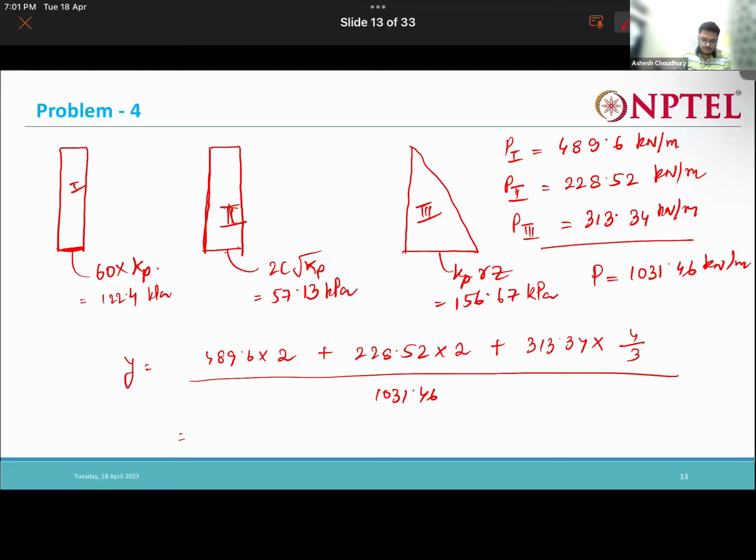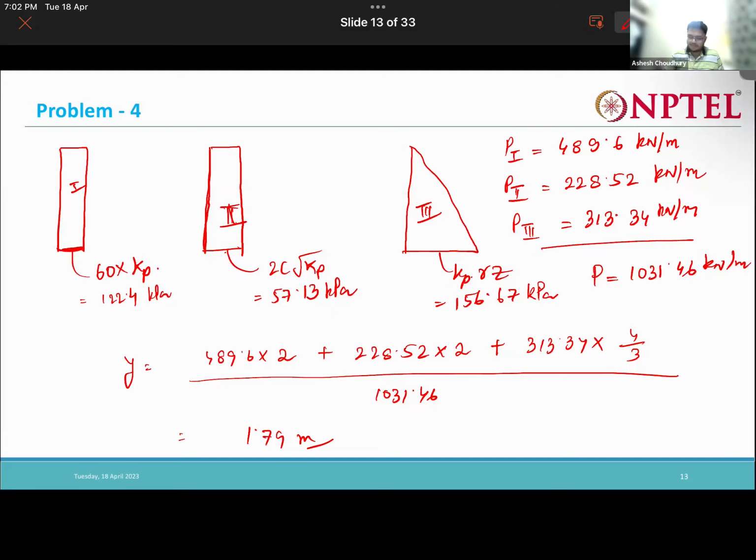489.6 into 2 plus... getting almost 1.8. Check it. Yeah, I'm getting 1.79.